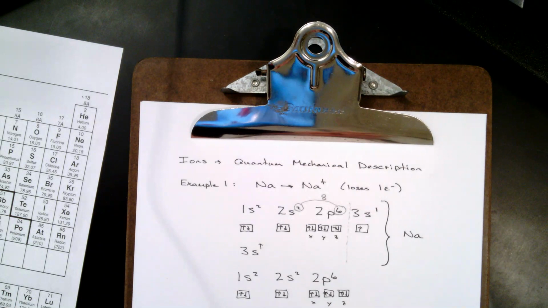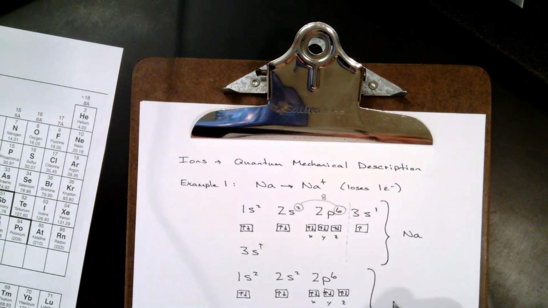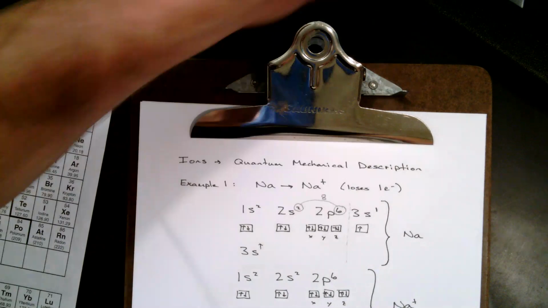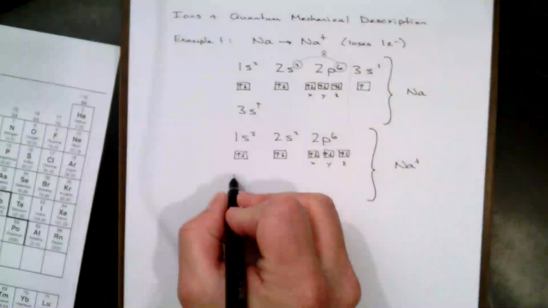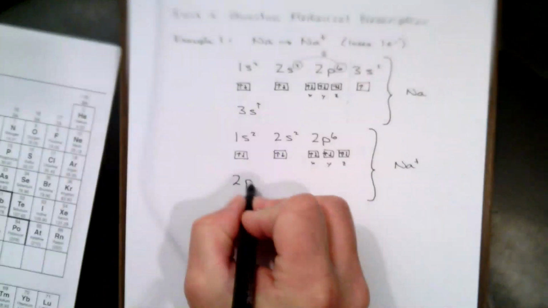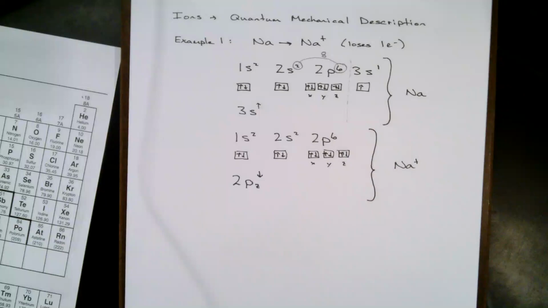And then the last electron, remember we are looking at an ion of Na+, is the 2pz down.